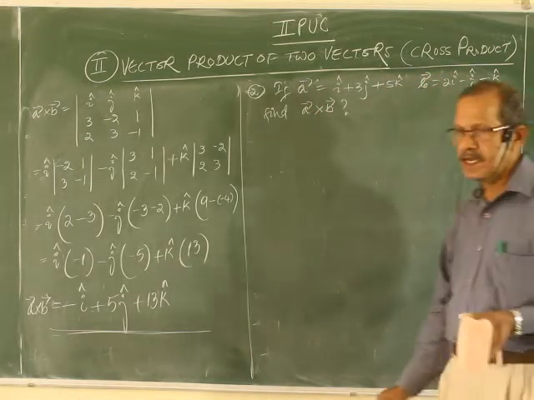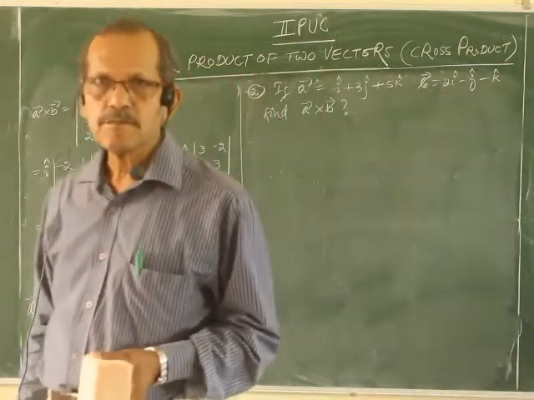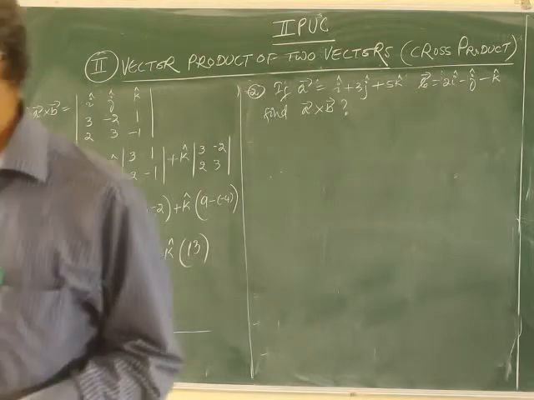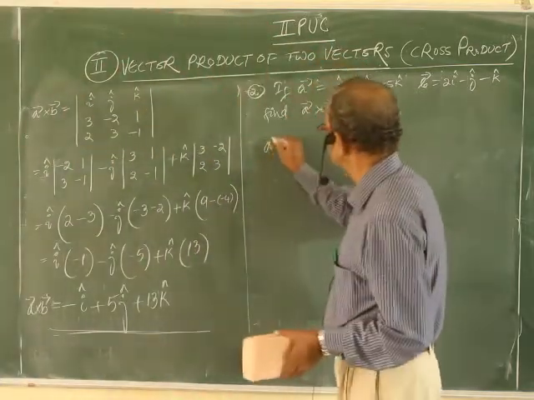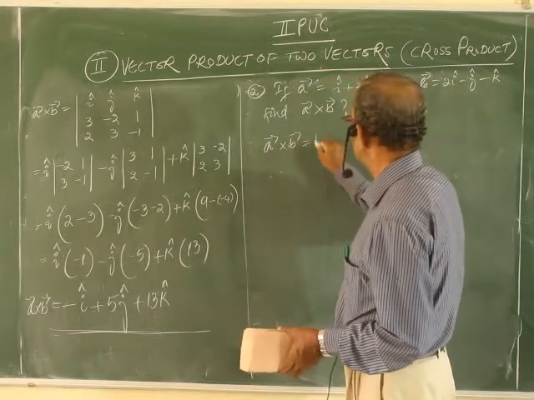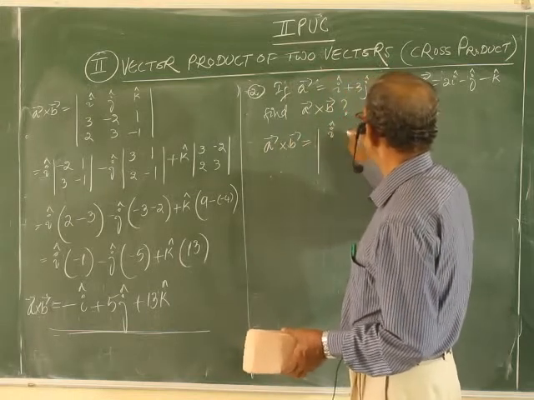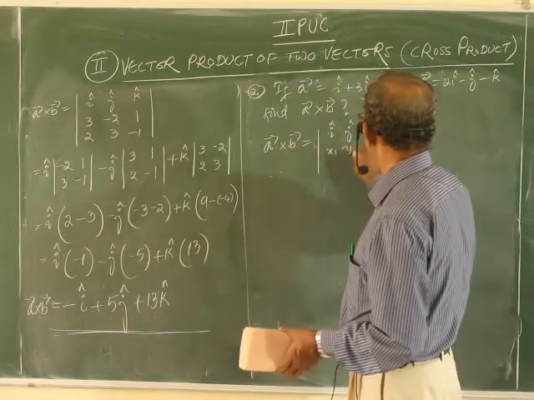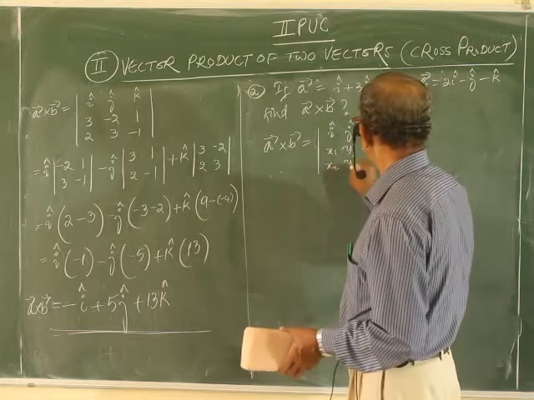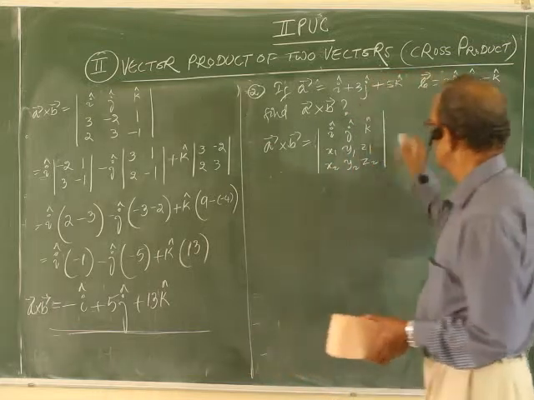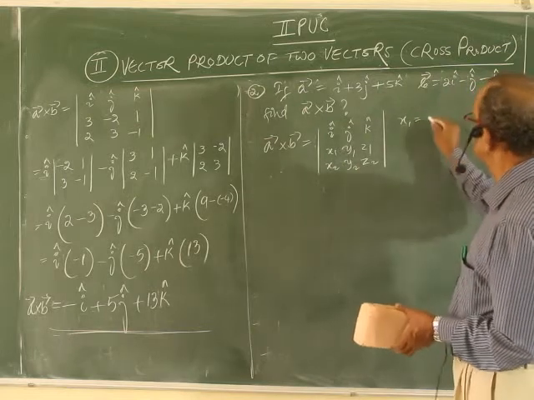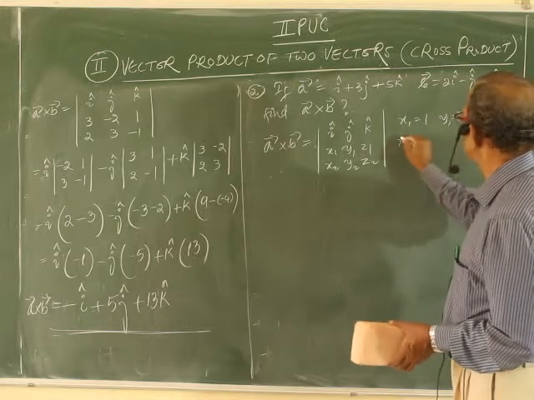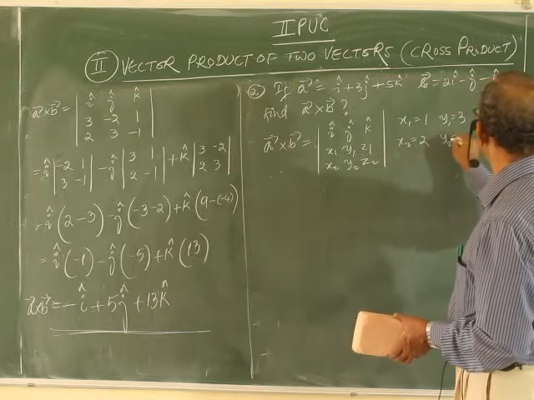I have changed the vector, that's all. The A cross B formula is ijk, x1 y1 z1 x2 y2 z2. List the values.